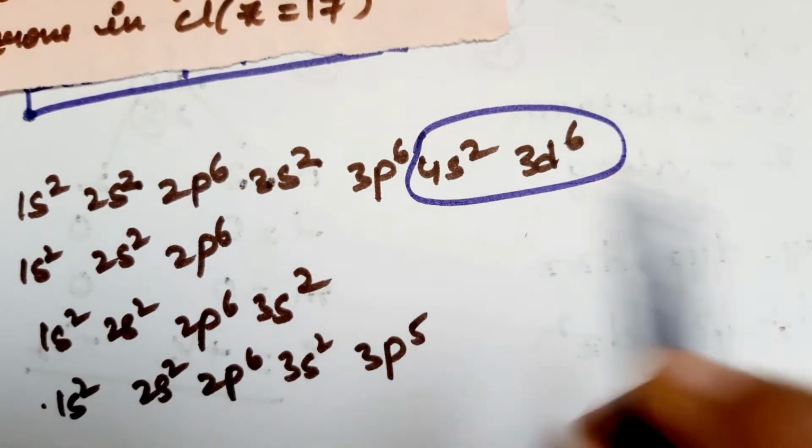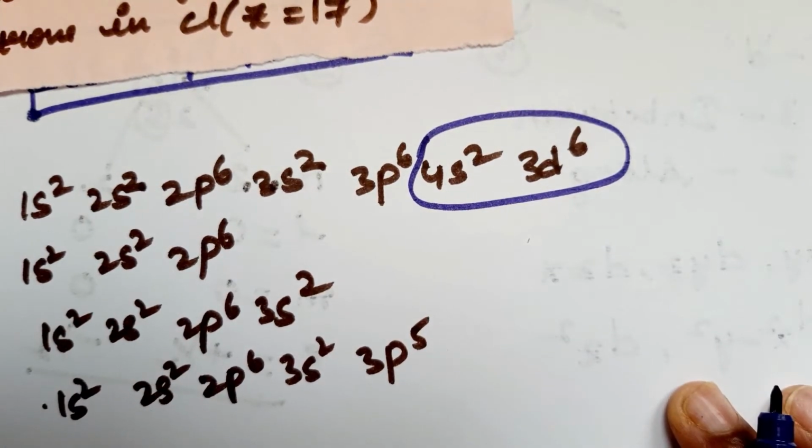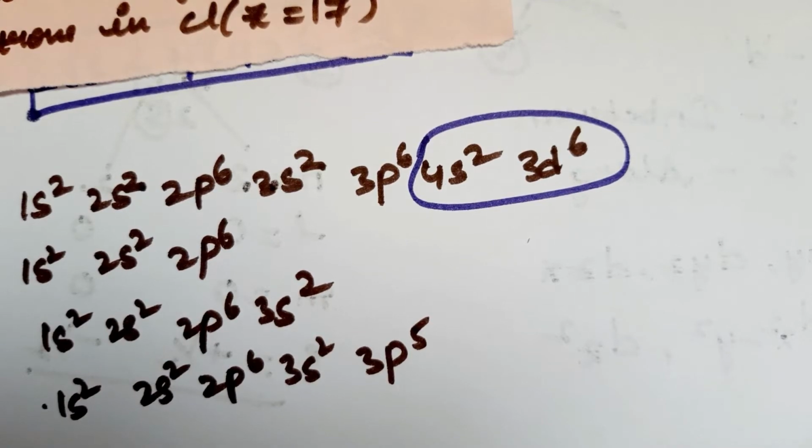We have to decide whether to remove the electron from 4s only or 3d only. But we have to remove the electron from the 4s only, because this is the outermost.